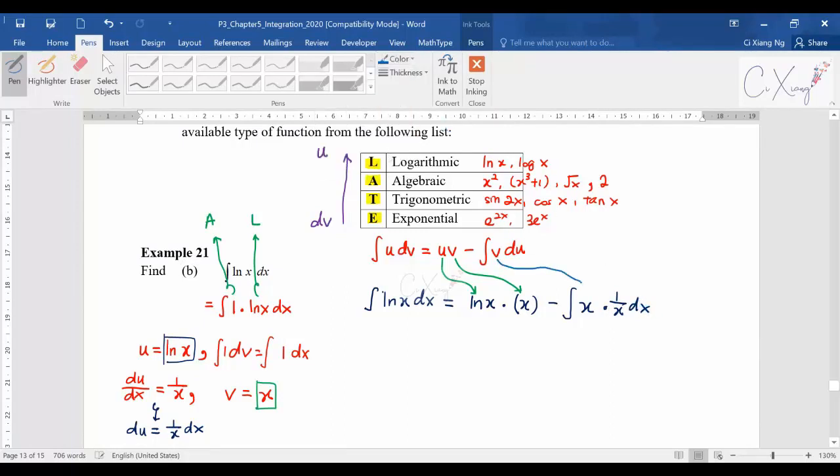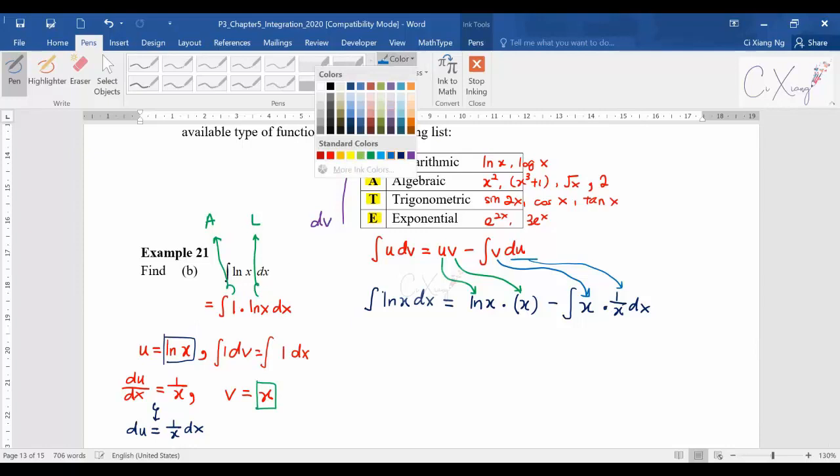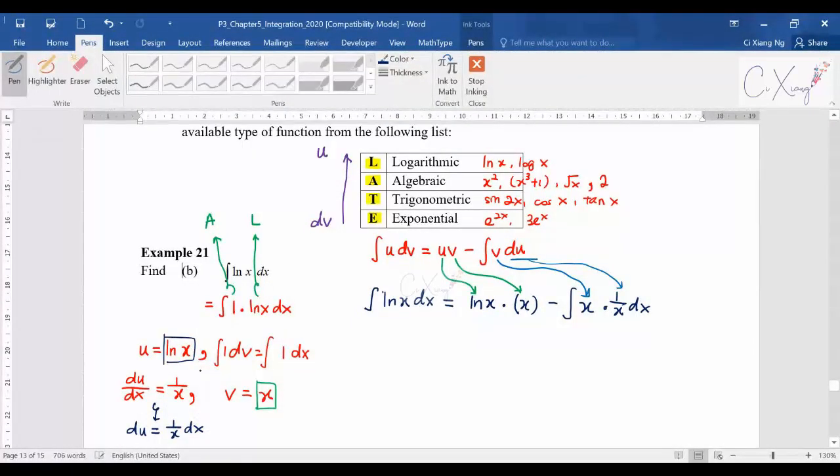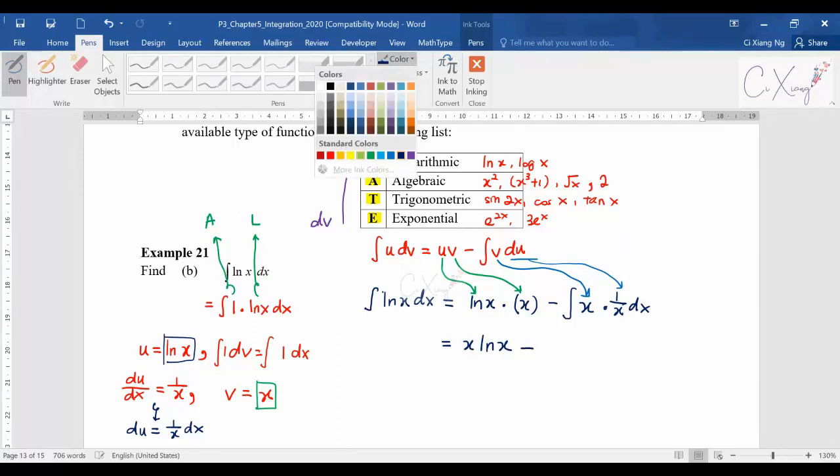So v is the x, du, the whole thing, is 1 over x dx, and everything you get from the steps that you did just now, the integration part and the differentiation part. If you rephrase the answer, x multiplied with ln x, no need to do anything. It is already part of your answer.